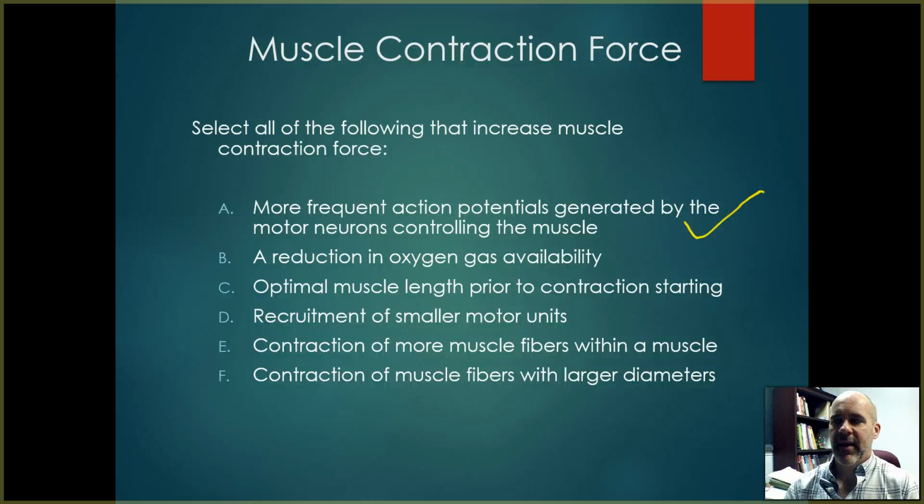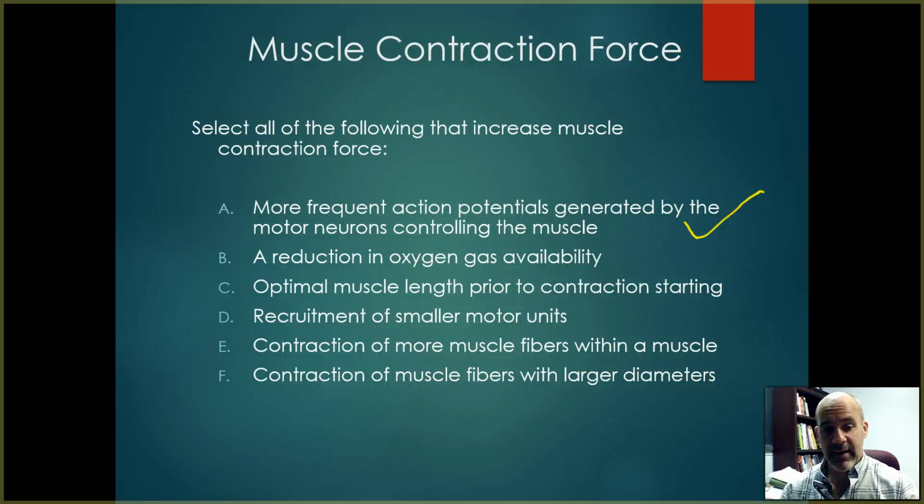If you go back, in order for you to do a muscle contraction, like if you were doing bicep curls or running or whatever, it's not like you get one action potential on a motor neuron leading to one round of cross-bridging. In order for you to do sustained contractions using a particular muscle for a longer period of time, the motor neuron has to send more and more action potentials over and over.